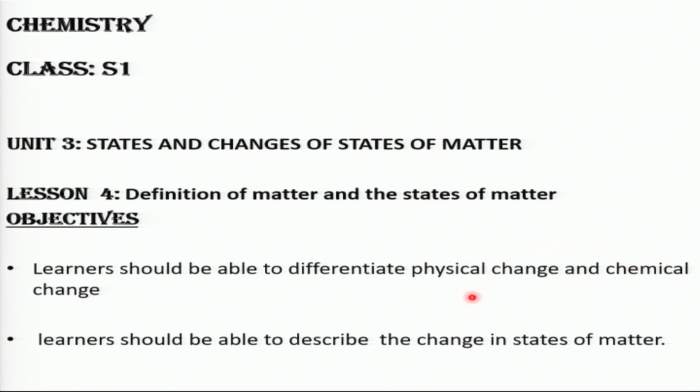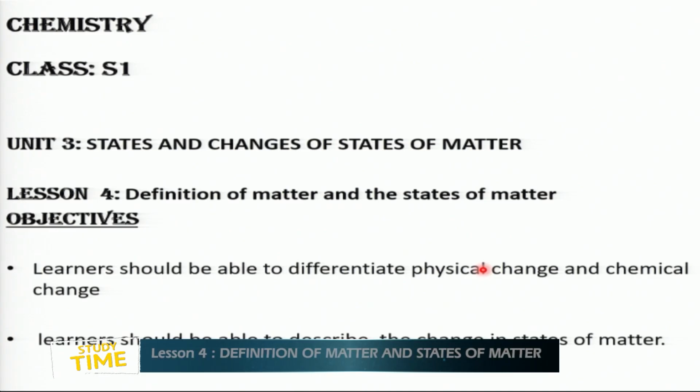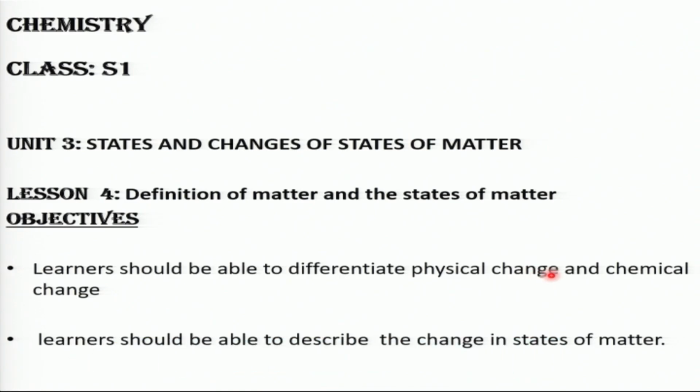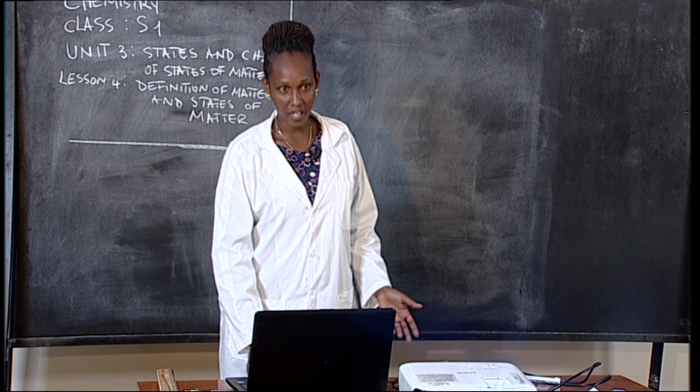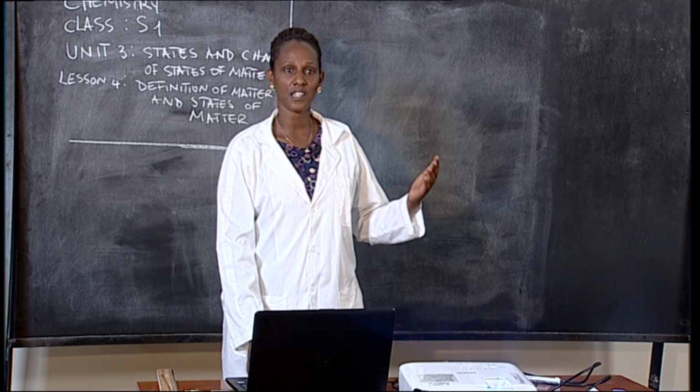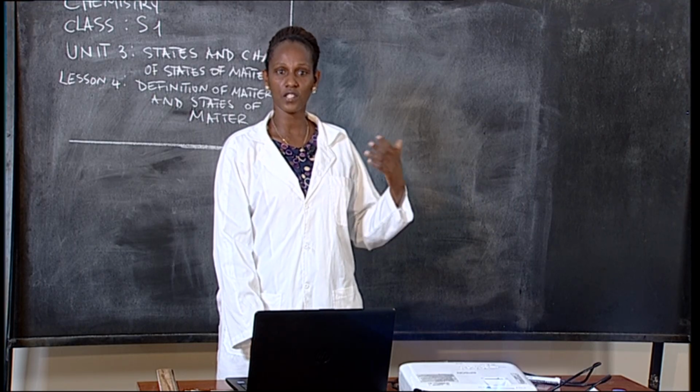A physical change is not permanent, it is temporary. Chemical change is permanent. Physical change, in other words, is reversible. Chemical change is irreversible. So you describe the change in states of matter, where matter can move from solid to liquid to gas and the reverse. All right? And those are the properties of physical change and chemical change. Okay? I hope you have enjoyed the lesson.